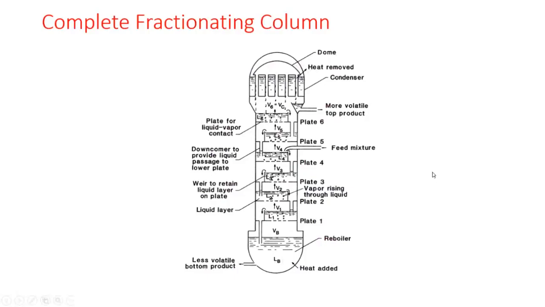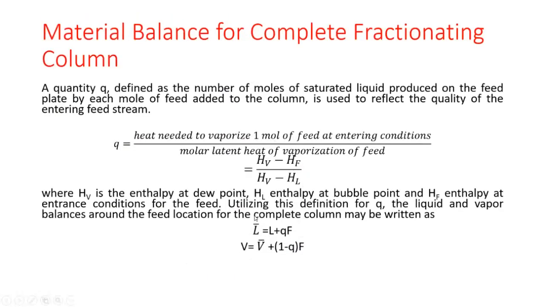Based on this, we will do material balance for the feed tray and of course the overall distillation column. That material balance will also be taken under consideration for finding the operating lines.